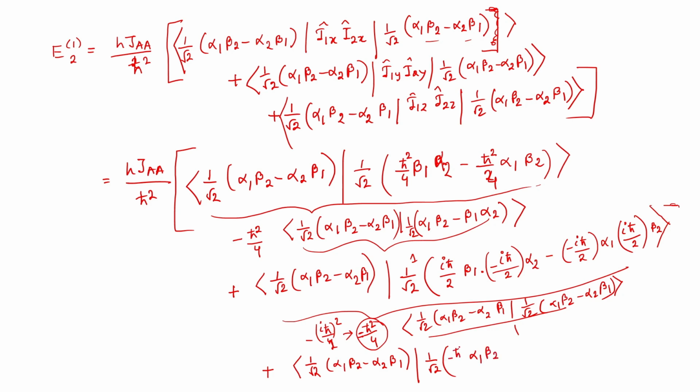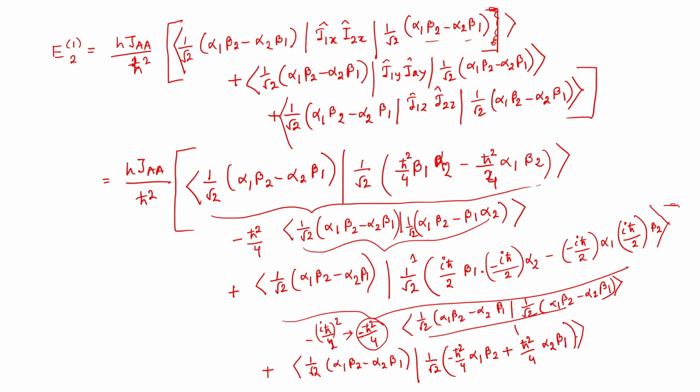But it is going to give me ħ square by 4, because for the first one you are going to get ħ by 2, and the second one you are going to get minus ħ by 2. So overall you are going to get minus ħ square by 4, right? And for the next you are going to get the same thing, but here it is plus ħ square by 4, because the minus sign was already there.